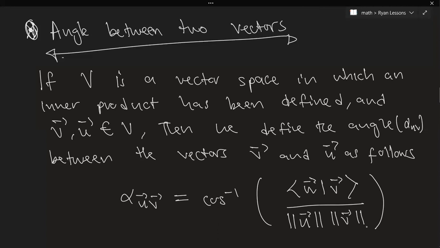In the whole study of inner product spaces, this is something you must be familiar with and know how to evaluate.